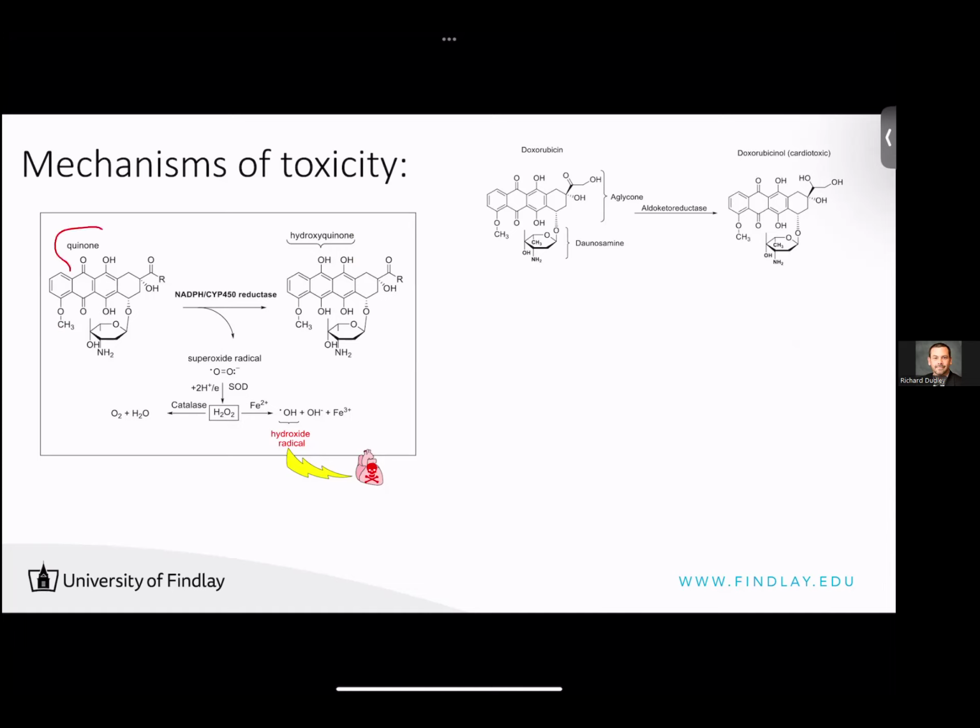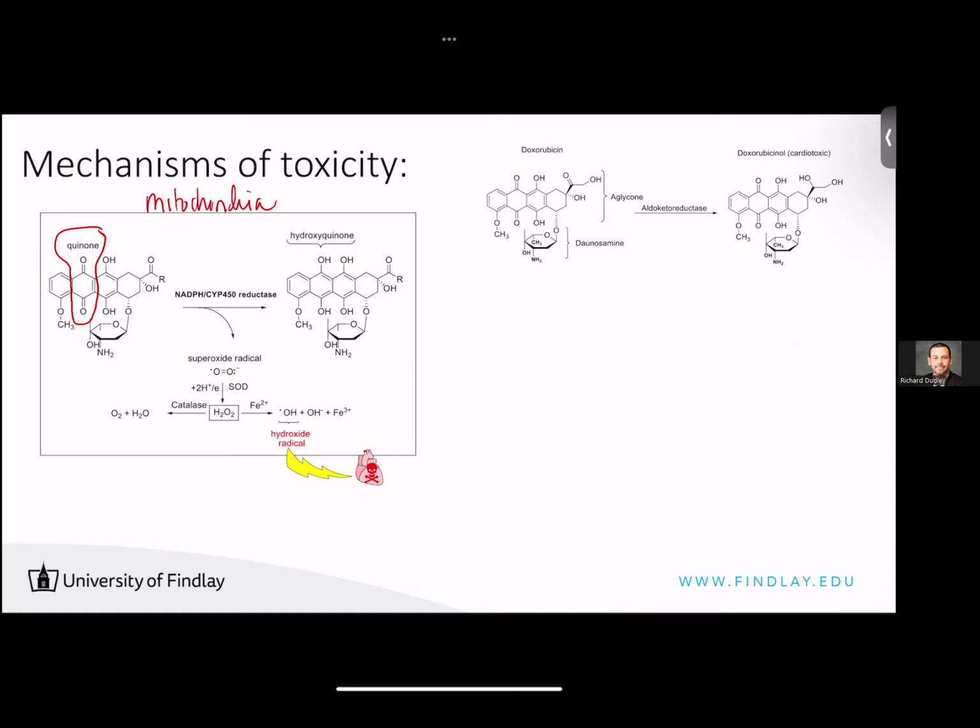I already highlighted the presence of this quinone on the C ring in a drug like doxorubicin. And as doxorubicin gets administered to a patient, it can slip into a variety of different cells throughout the body. It might end up localizing in the mitochondria of the cardiac myocytes.